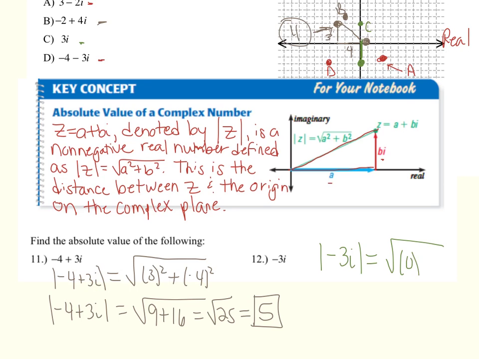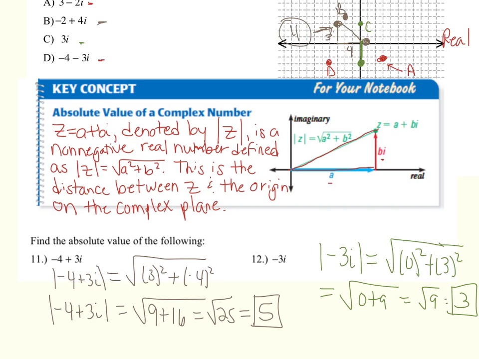So it'd be 0 squared plus 3 squared, and you'd have 0 plus 9, so you'd get the square root of 9, which is 3 units. So just keep in mind that absolute value always talks about the distance from 0. It's just that with complex numbers, they're on a two-dimensional coordinate axes with real and imaginary numbers. So it's the distance from the origin. So we need the Pythagorean theorem in order to be able to calculate it.